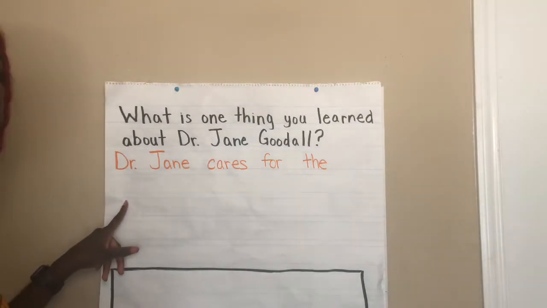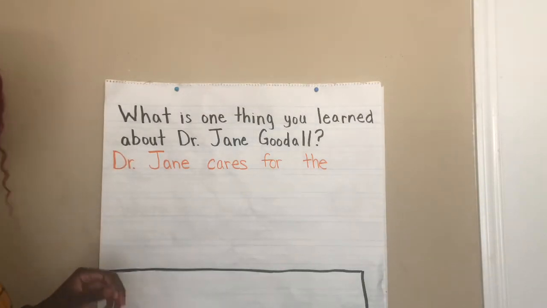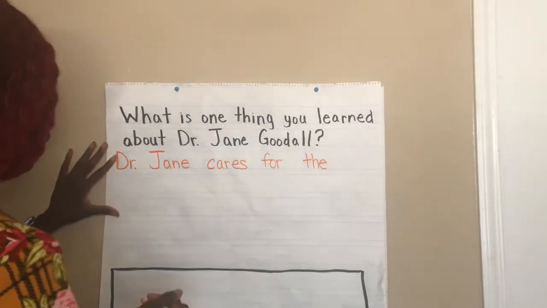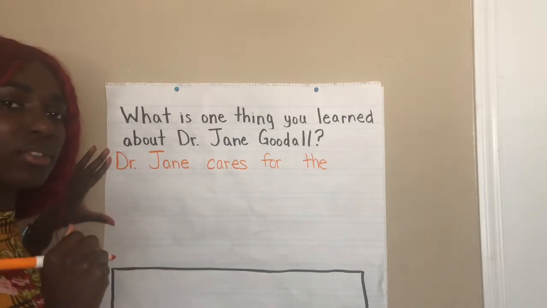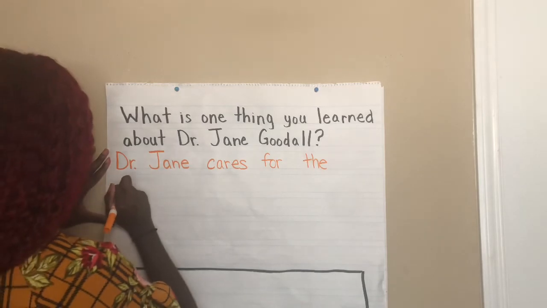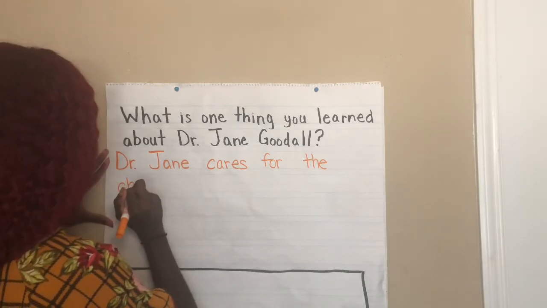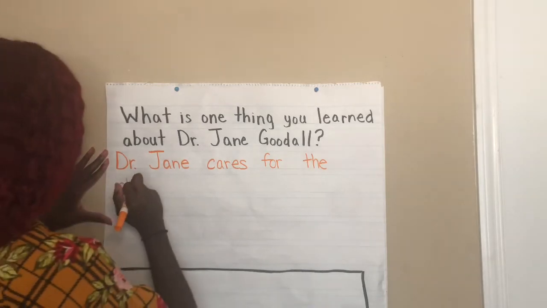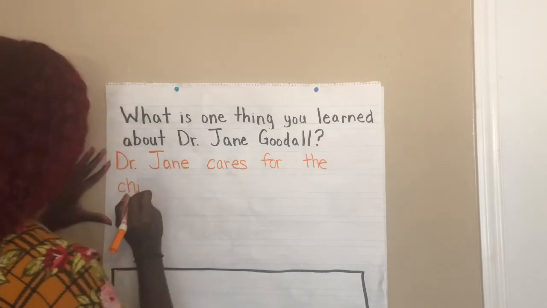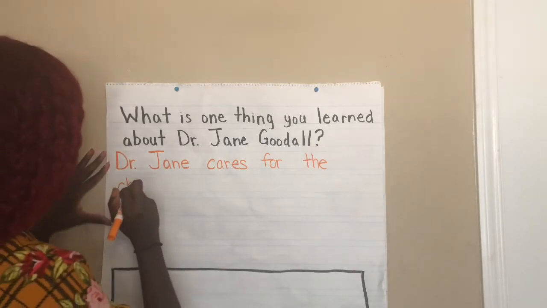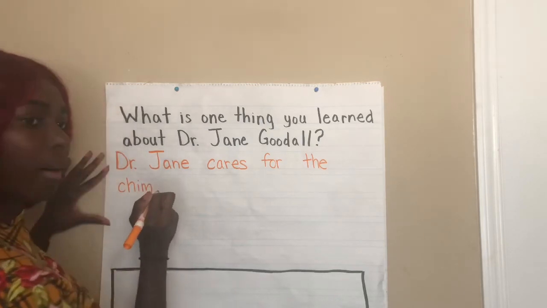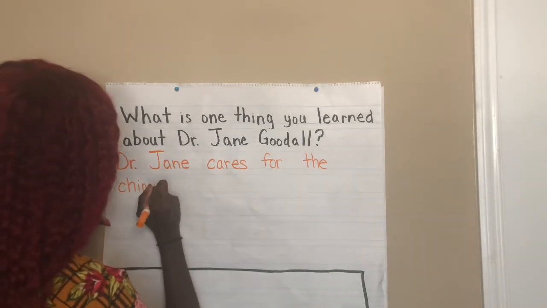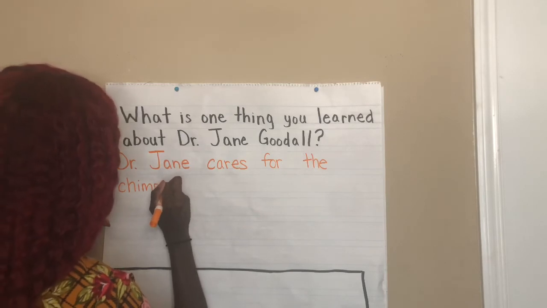we're going to write chimpanzees, but we have to sound that word out. Ch. Remember we learned about our CH sounds? That sounds like CH. Ch. Ch. Chip, chim, chim, chimpan, eh, eh, eh.